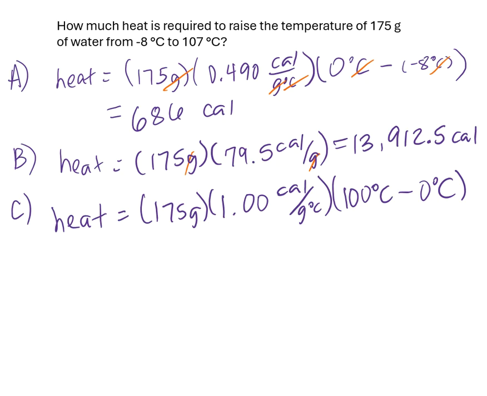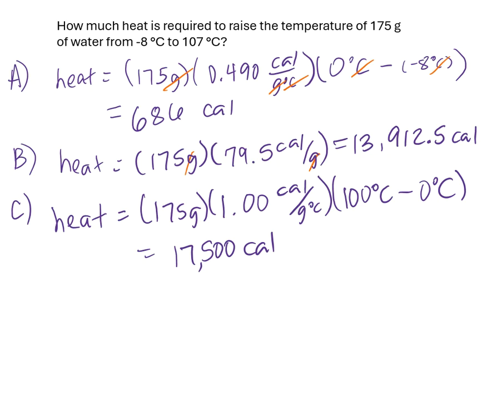And so once you have that, again, you're going to multiply your mass times your specific heat times the change in temperature. When you do that, you're going to get 17,500 calories. So what that means is that in order to heat up 175 grams of water, it's going to take 17,500 calories.